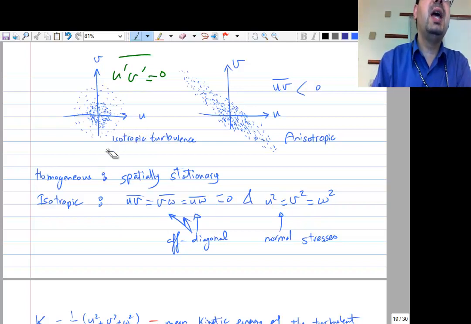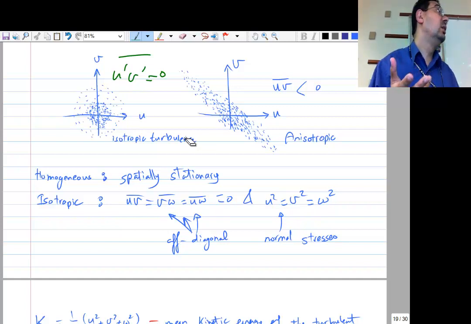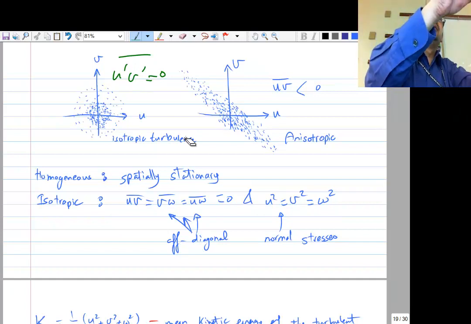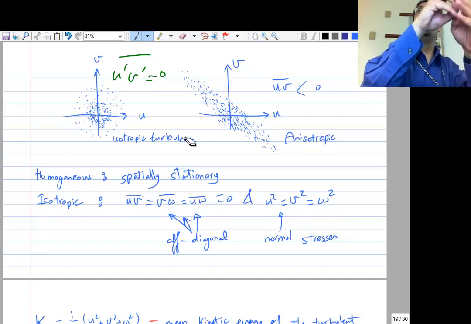If this happens, this is called isotropic turbulence. This is turbulence that doesn't have X, Y, and Z. This is basically turbulence that has no direction. This exists only in our textbook.